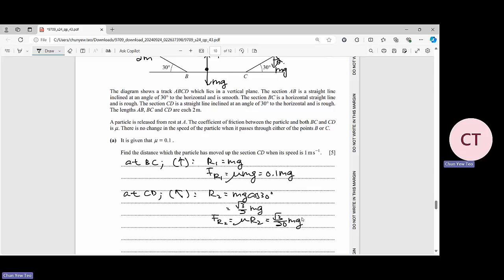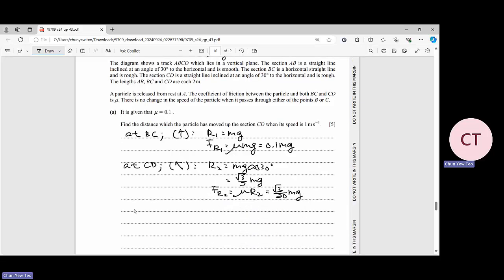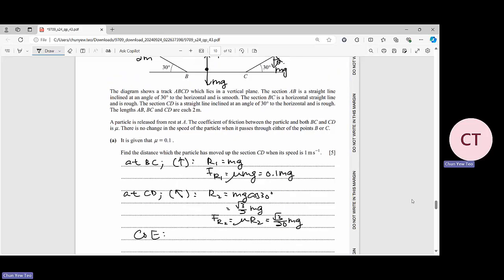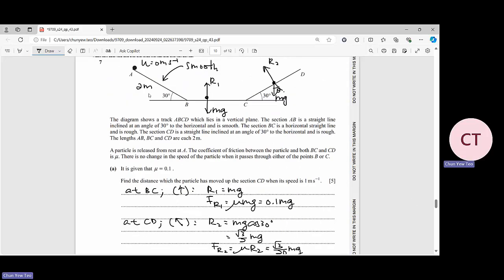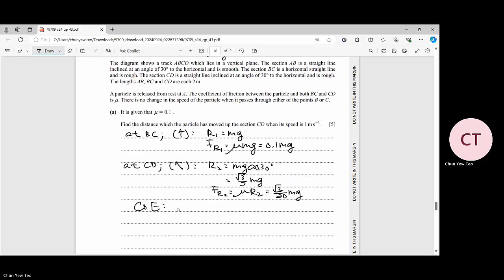Okay. Now, we can consider the energy right now, conservation of energy. So going down, that means your GPE loss. So when you go down the hill from here, it's the height. So 2 meter by sine 30.